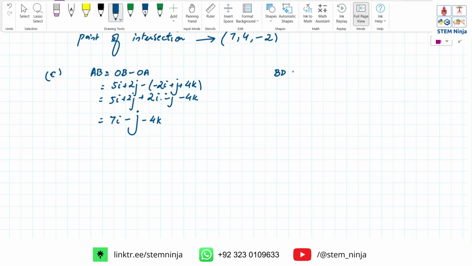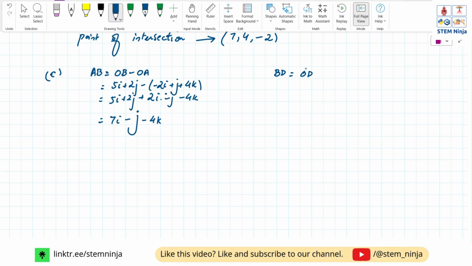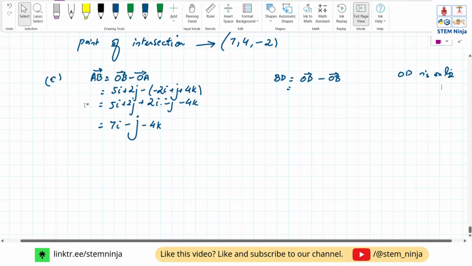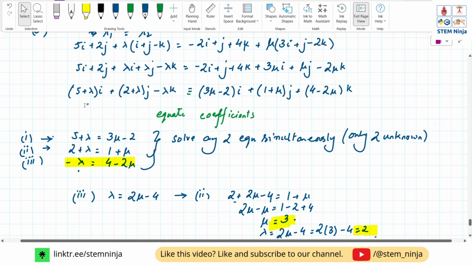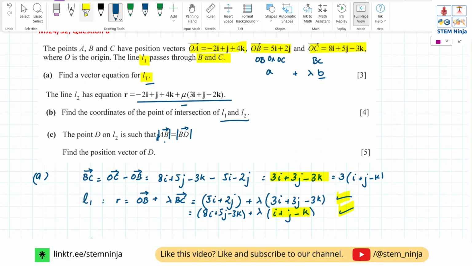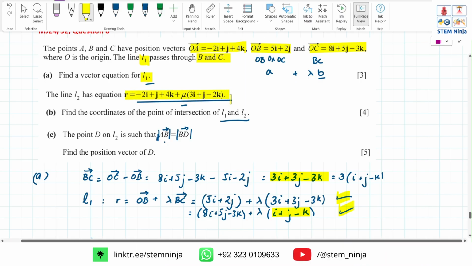Now we need BD. BD is OD minus OB. So these are all vectors for the moment. Now, OD is on line L2, so we just have an expression for that line. We don't have the exact point, so we can use the position vector of the point on the line.